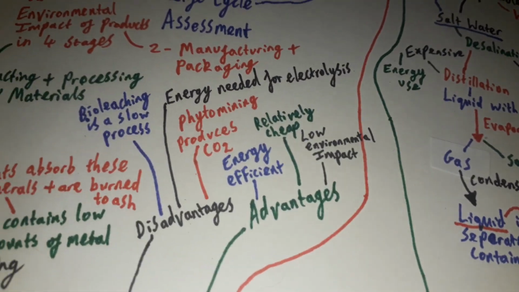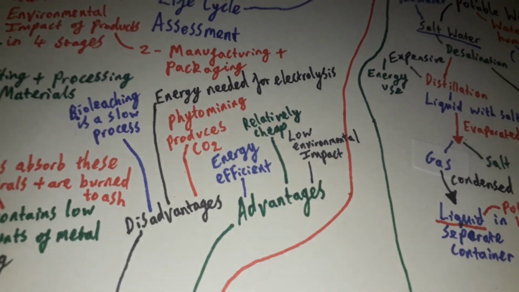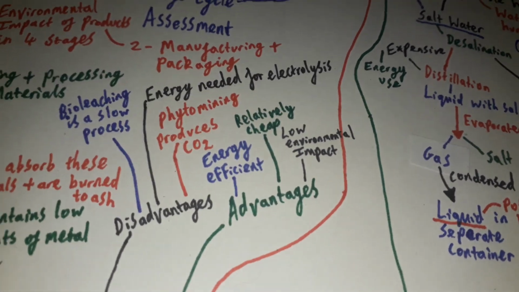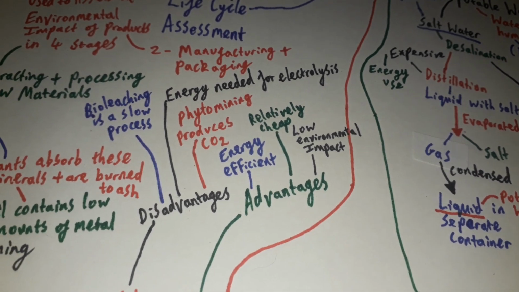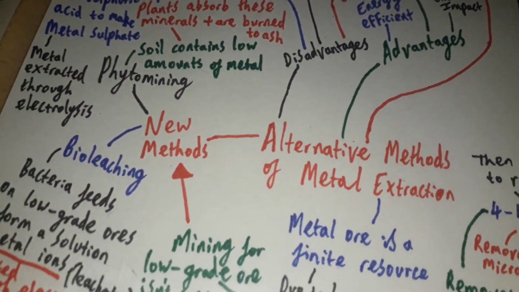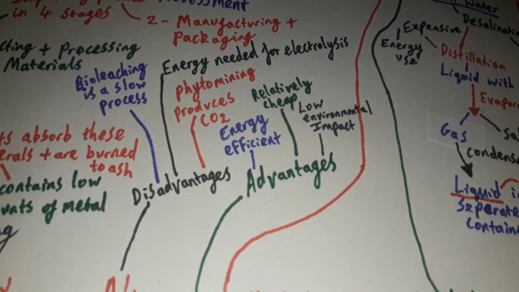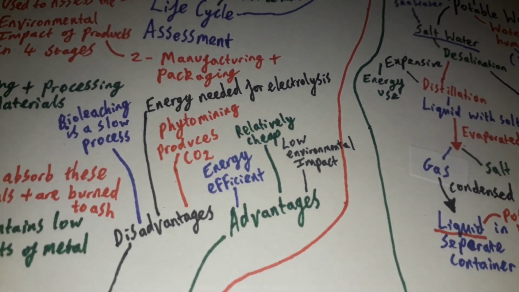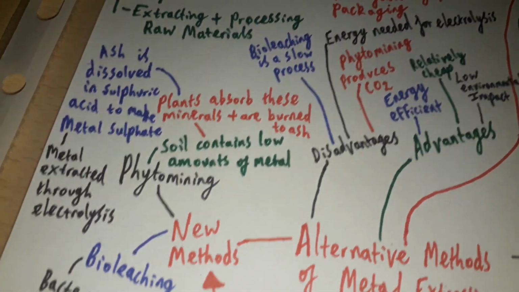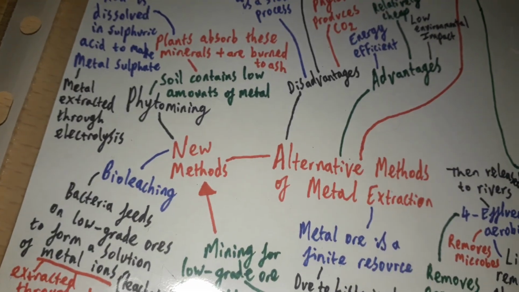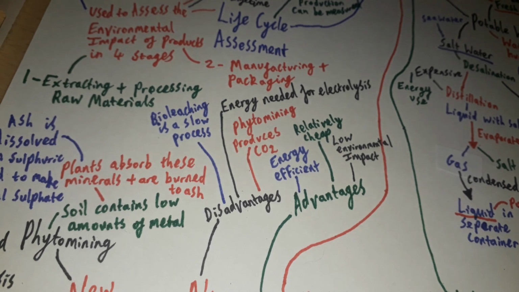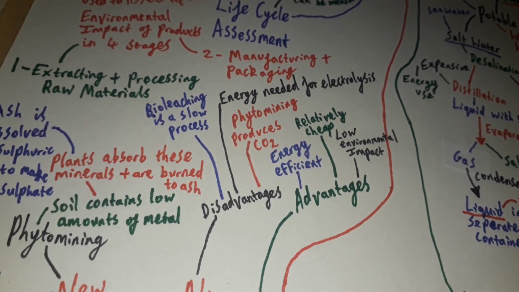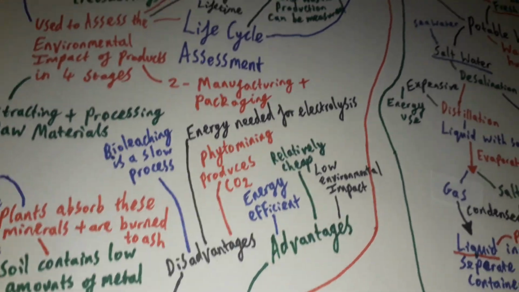So let's look at the advantages and disadvantages of these two methods. The disadvantages: bioleaching is a slow process because it takes a lot of time for the bacteria to feed on the low-grade ore. Energy needed for electrolysis: both new systems require electrolysis to take place, which uses significantly more energy than smelting to get the metal from the ore originally would.